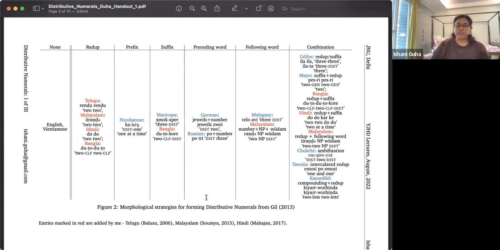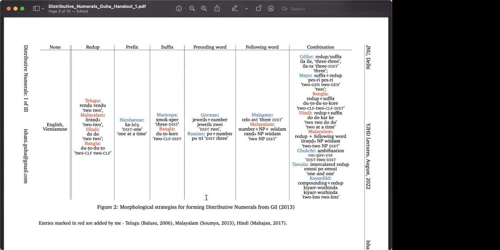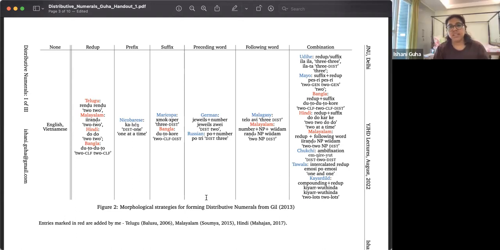Okay, it's useful to track them, right? Because as I will discuss in the second class, you can possibly make something out of this: what sort of strategy is used, what is it combined with, and what sort of meaning is it indicating. Okay.